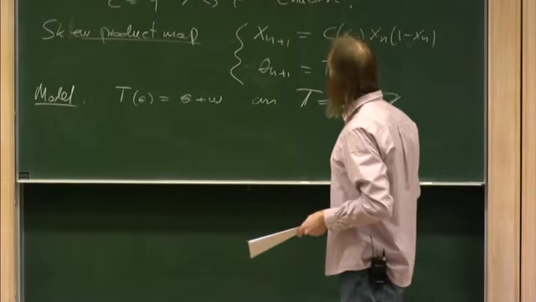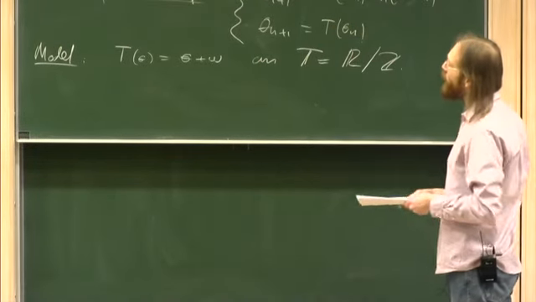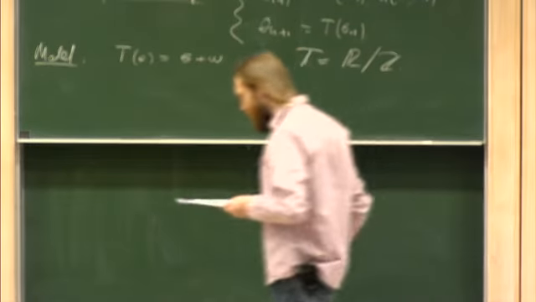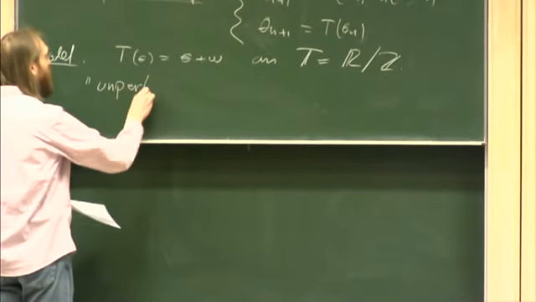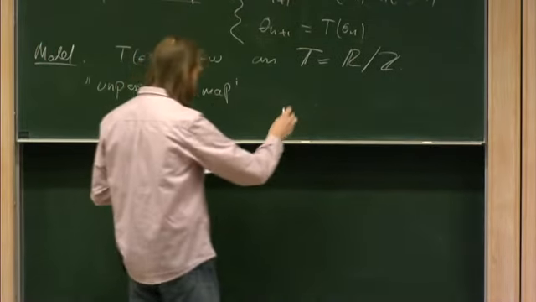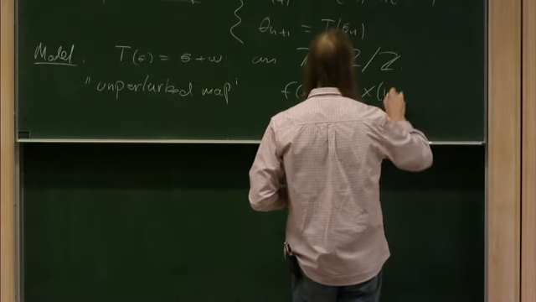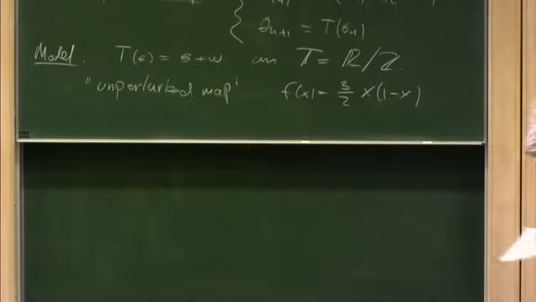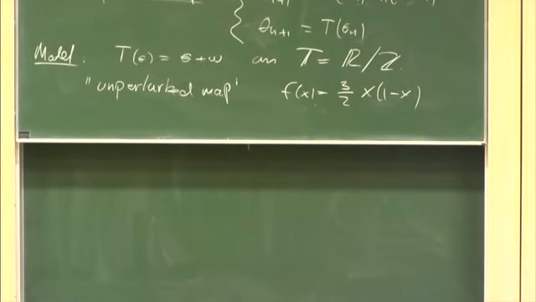And then I will perturb a map from this class F, which has very simple dynamics. The unperturbed map will be the following one: f of x is equal to 3 over 2 times x times 1 minus x. So it's a member of this family. For this choice of the value C, it looks something like this.